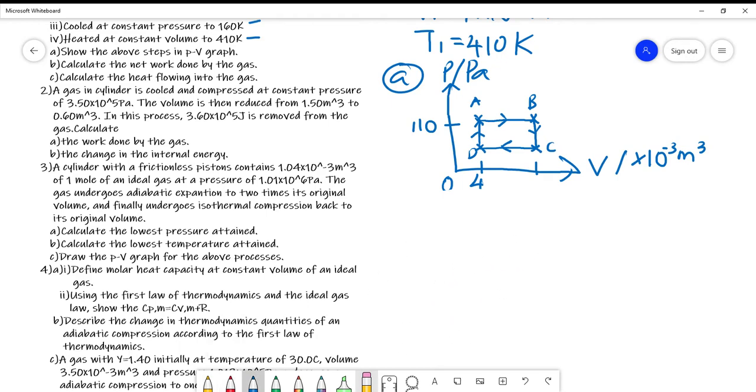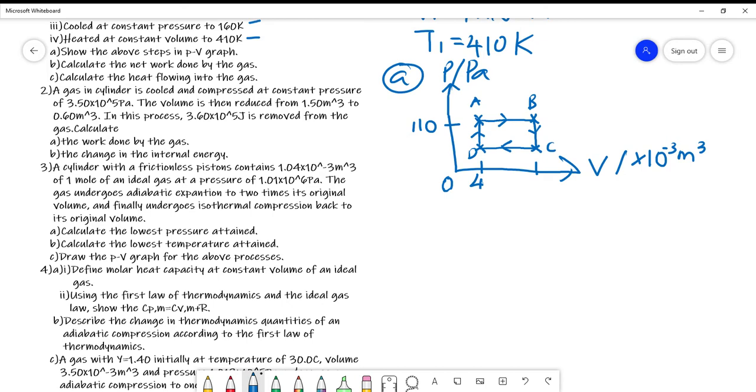The pressure should be the constant, because the process undergoes expansion at constant pressure. I'm sorry.